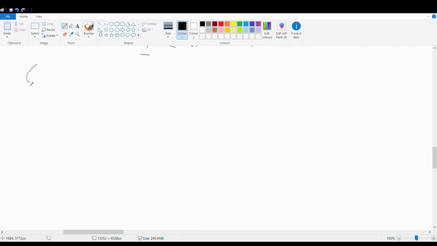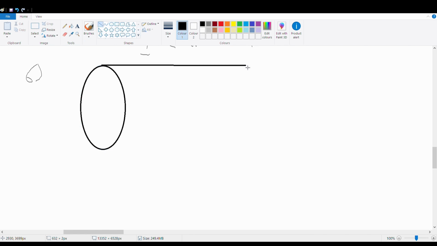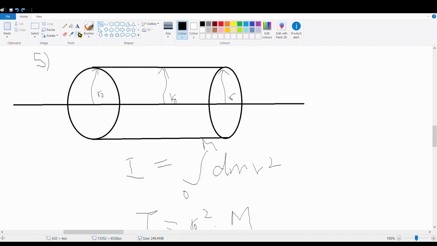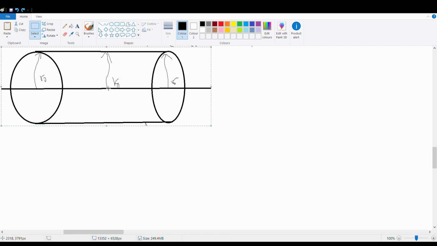Now we'll move on to a solid cylinder. This case is extremely similar to that of the disk, because we're just extending the disk to a three-dimensional case. So I'll copy this cylinder and paste it over here.